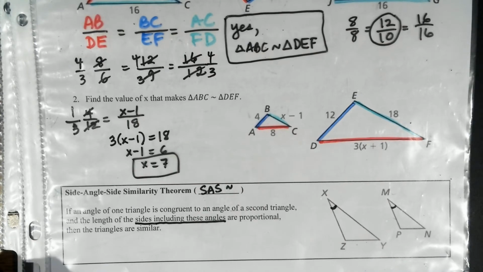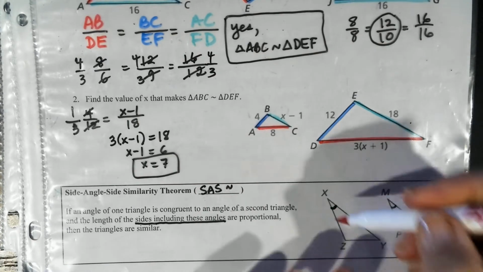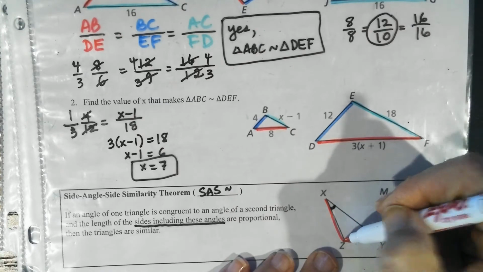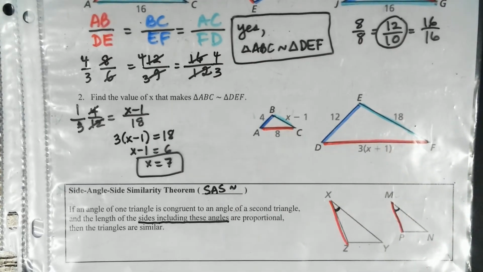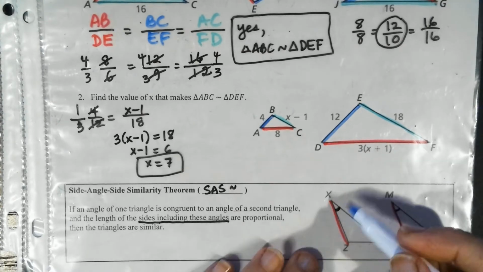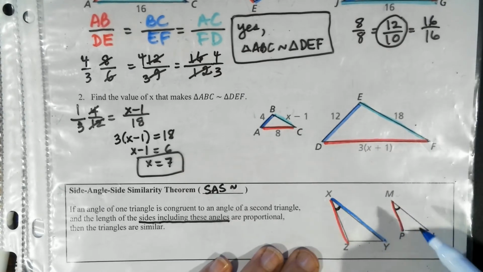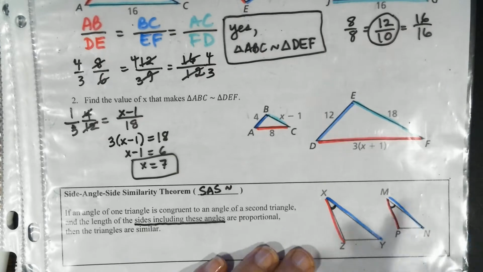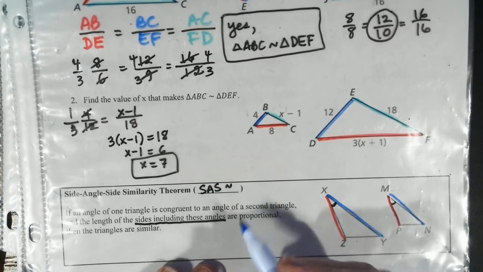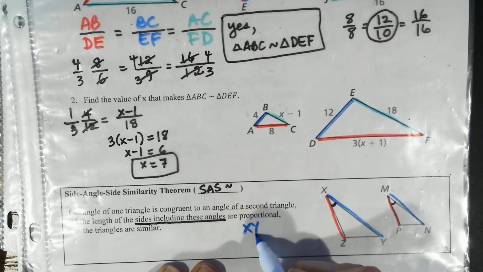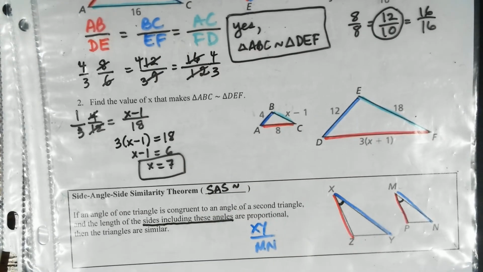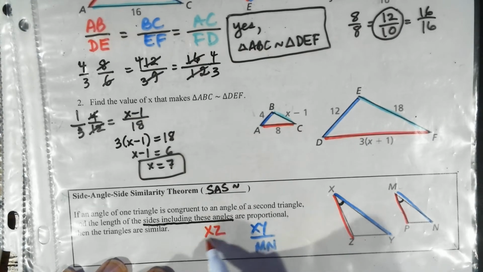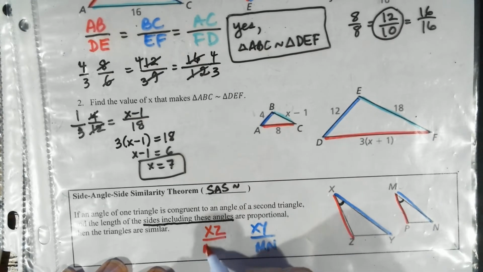So really what you need is you have to have XZ being proportional with MP, and you have to have XY being proportional with MN.